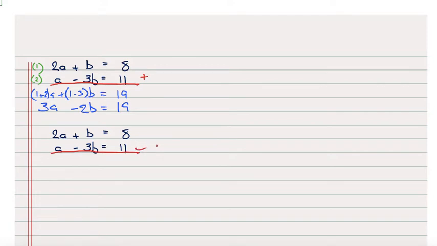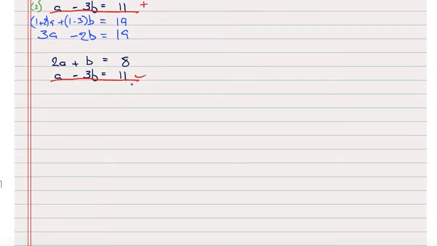So subtracting, we're going to get 8 take away 11, and then we're going to get b's here. This is going to be 1 take -3, and that will be 2 minus 1a.